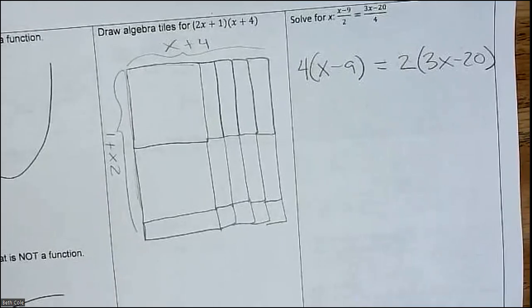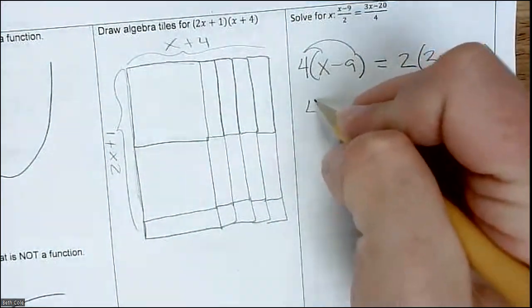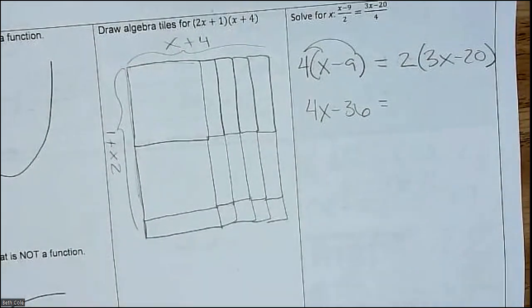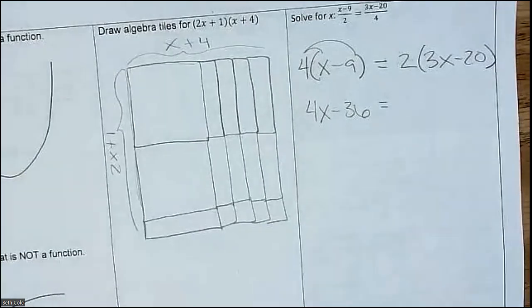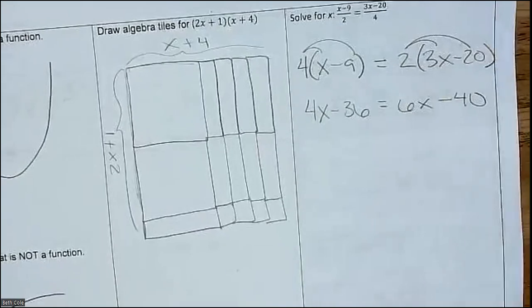And then you guys are awesome at solving equations, so let's go. What are you gonna do next? Distribute, good. So on this side, 4x minus, and you guys know your times tables, that's awesome. Yeah, it's just cross multiply. Equals 6x minus 40.